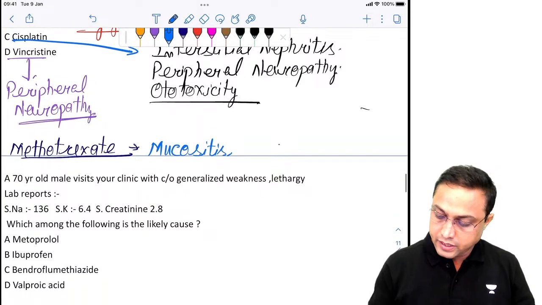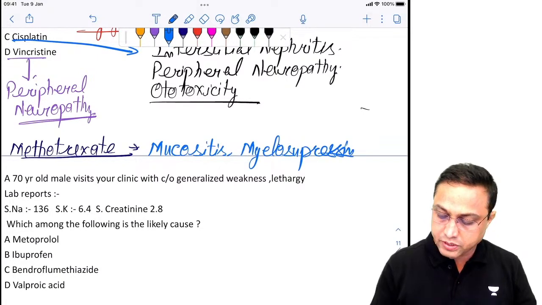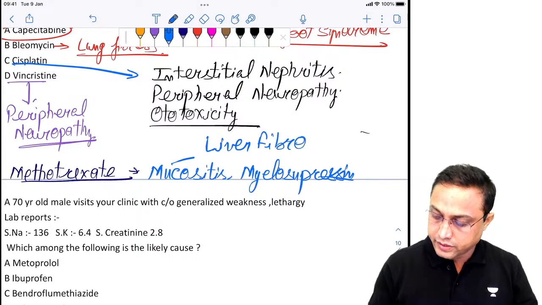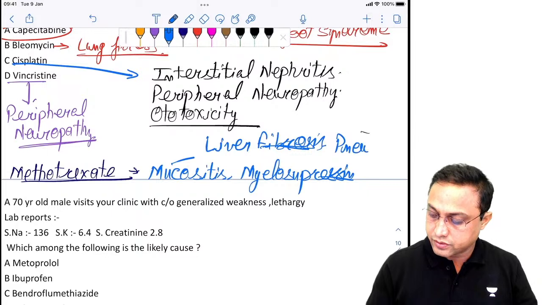It can cause myelosuppression. It can cause liver fibrosis, and it can also cause pneumonitis.